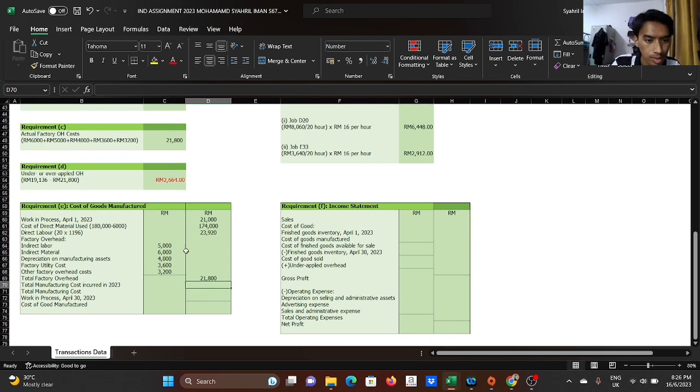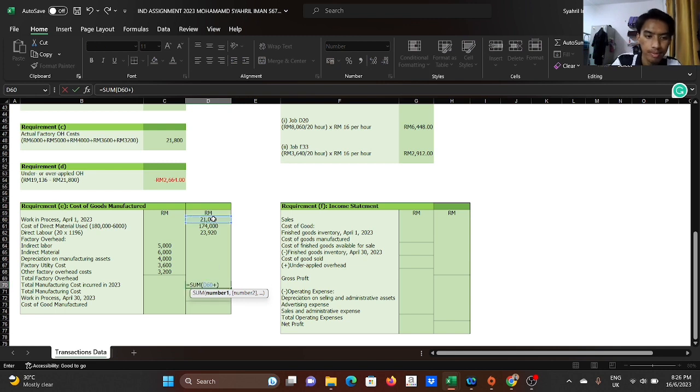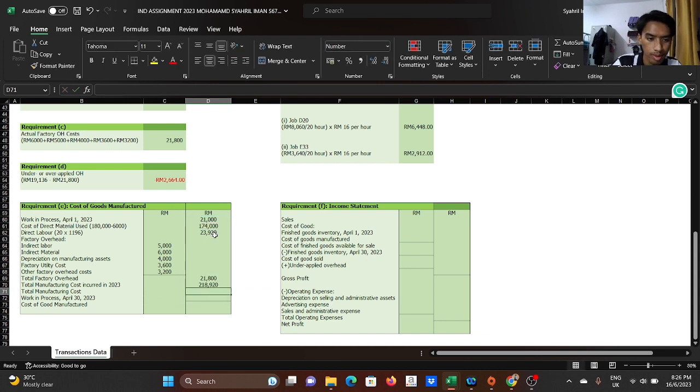Okay, next. We need to compute these 3 items into total manufacturing cost incurred in 2023. So we combine these 3. And we get 218,920.